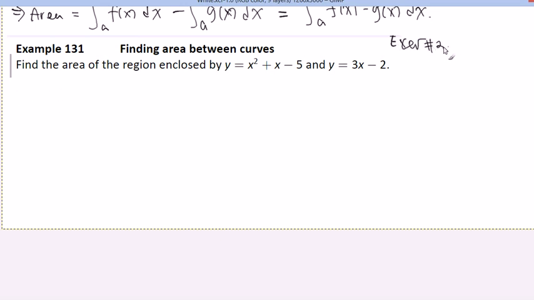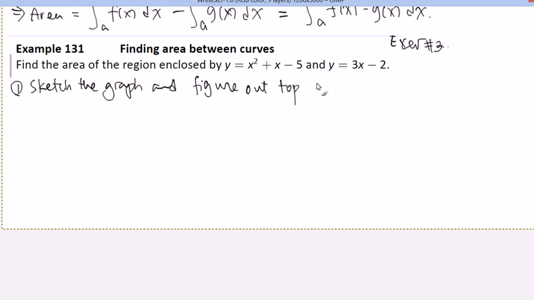Number 1, sketch the graph and figure out the top and bottom curves.